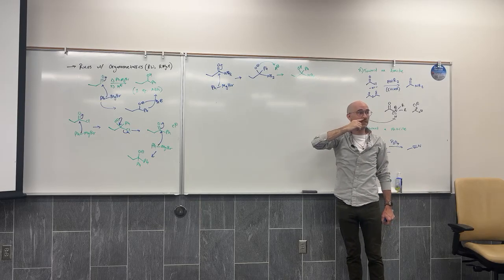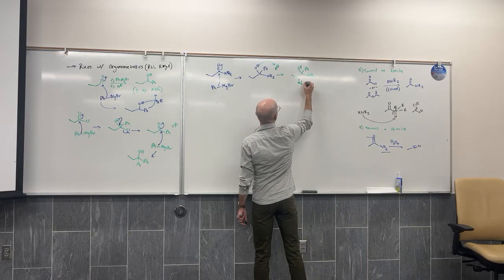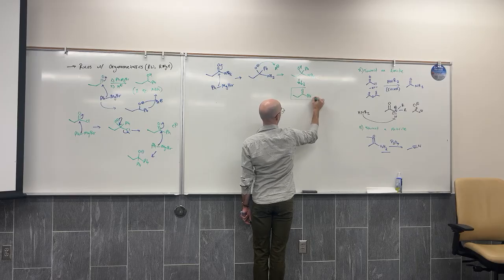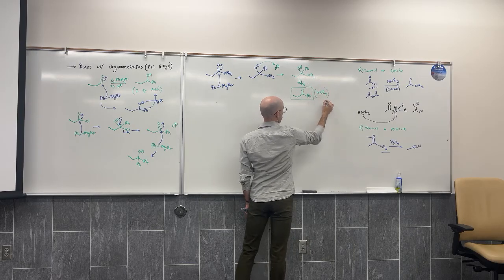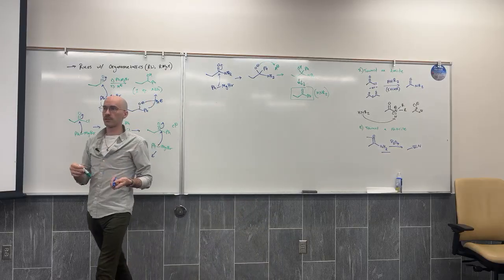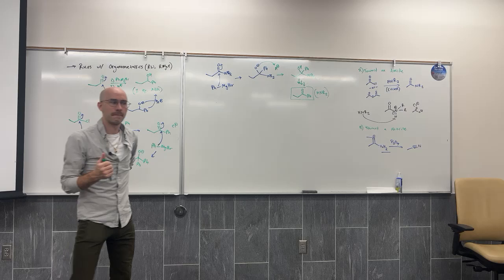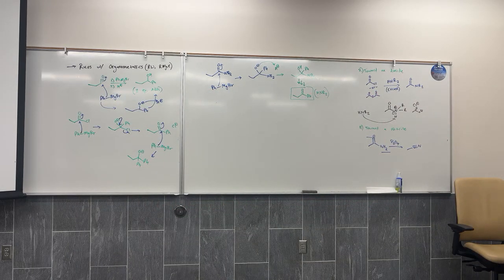And what we learned last week with aldehydes and ketones is that the hydrolysis of the hemiamine, or the hydrolysis of the imine, forms a carbonyl. The presence of the nitrogen changes everything.